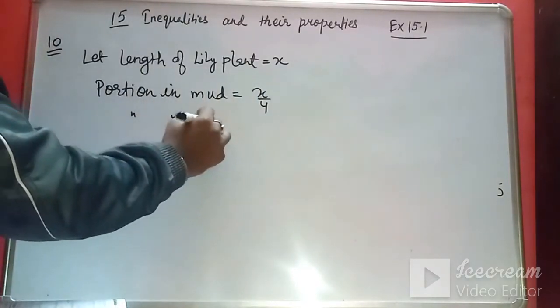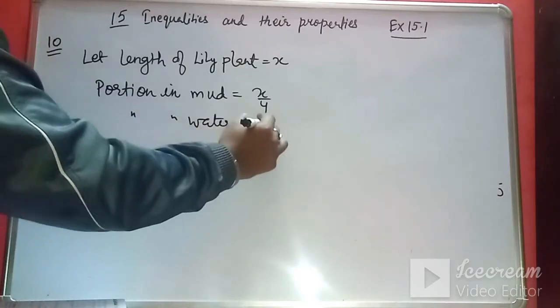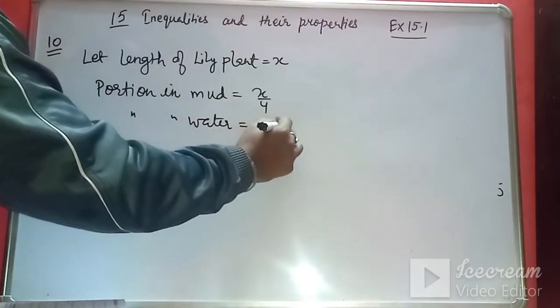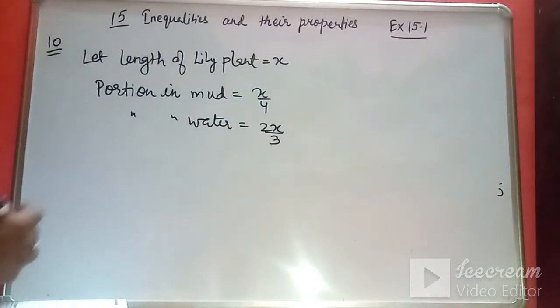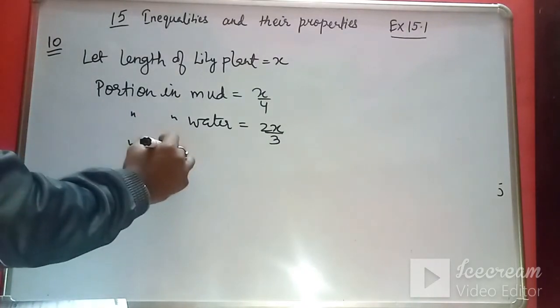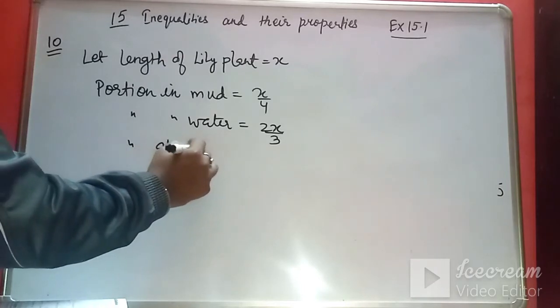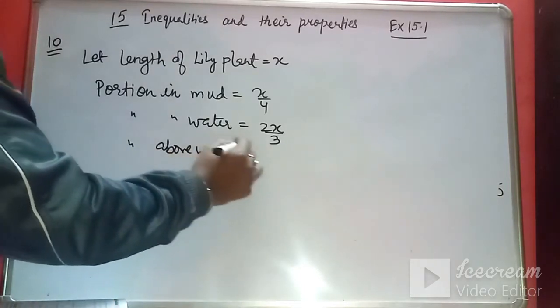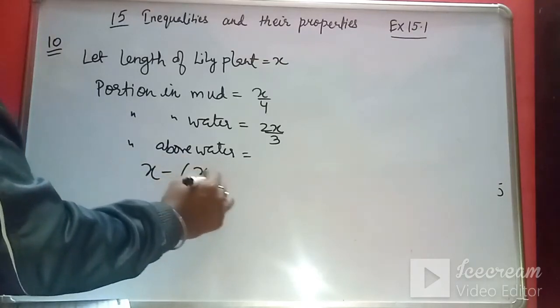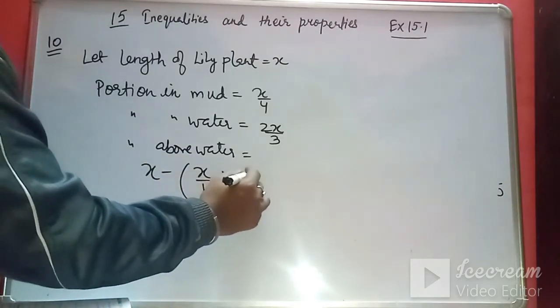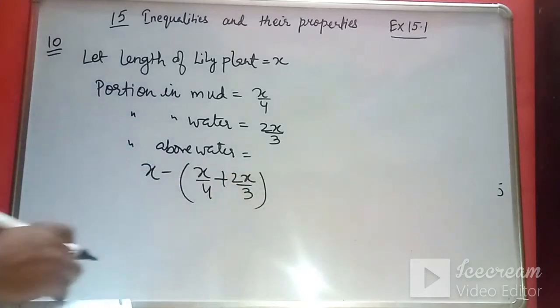Portion in water is 2/3, that is 2x by 3. And remaining portion is above the water. So portion above water means remaining portion, that is x minus x by 4 plus 2x by 3.